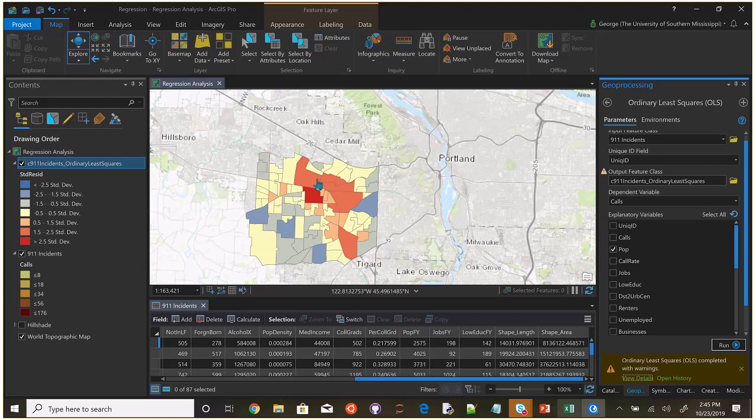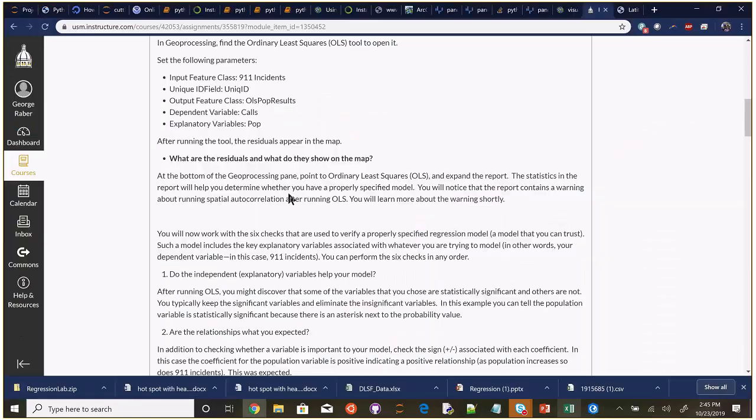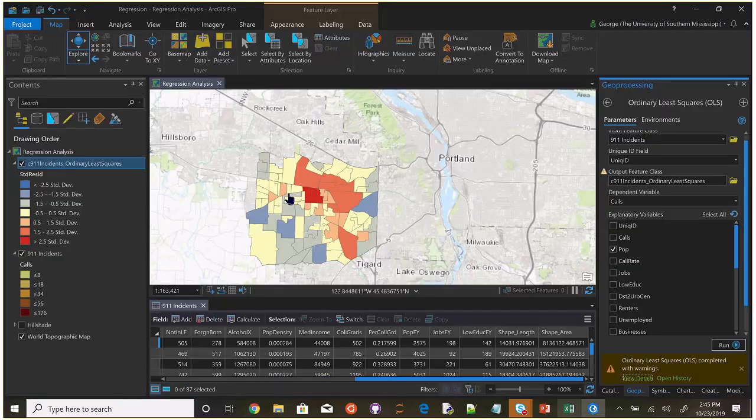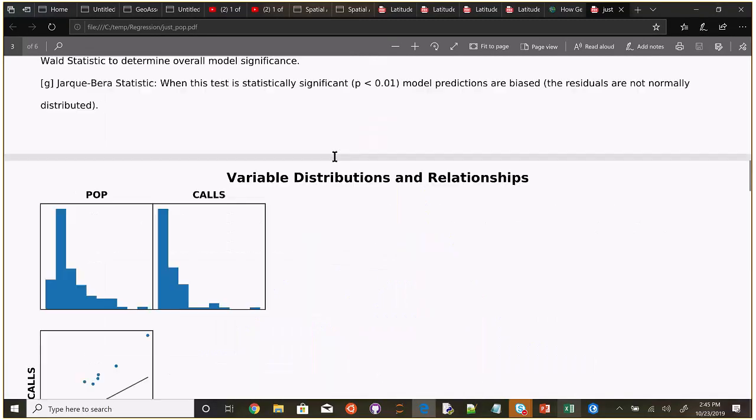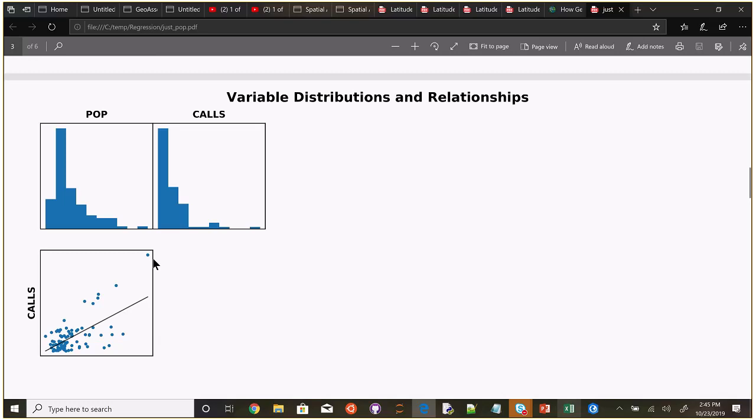Each one of these dots, each one of these blocks, or I think they're tracks. Each one of these tracks is a dot on all of these charts. So it's a dot on this chart, it's a dot on this chart. This shows the relationship between population and calls. In general, it goes up, right? But there's a lot of error here, a lot of residuals.